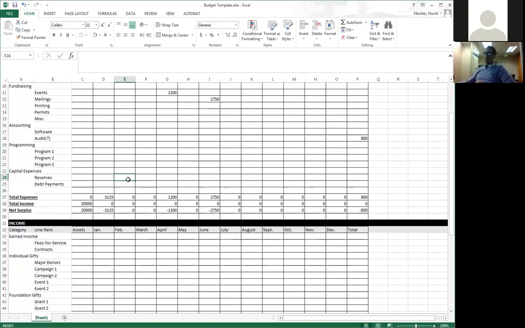Capital expenses: you might want to add every month $200 toward some major purchase, or $2,000, so that by the end of the year you will be able to purchase something.